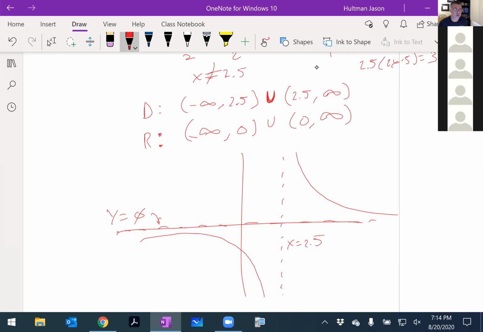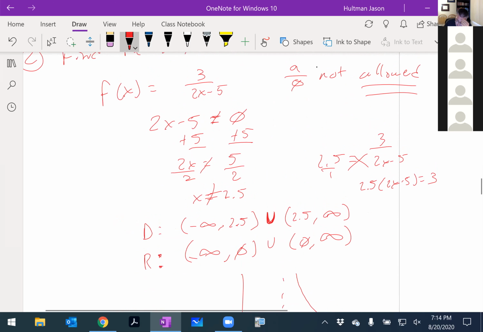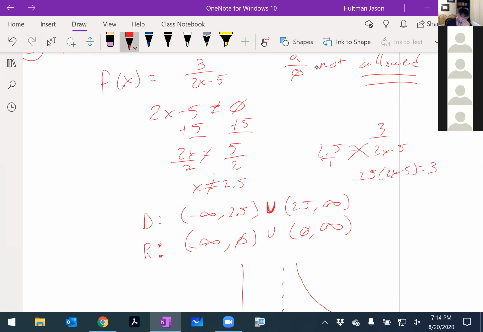Professor, can you explain how you got to the range? I thought you said that we couldn't have any negatives in the bottom. No, you can have negatives. You just can't have zero in the denominator.